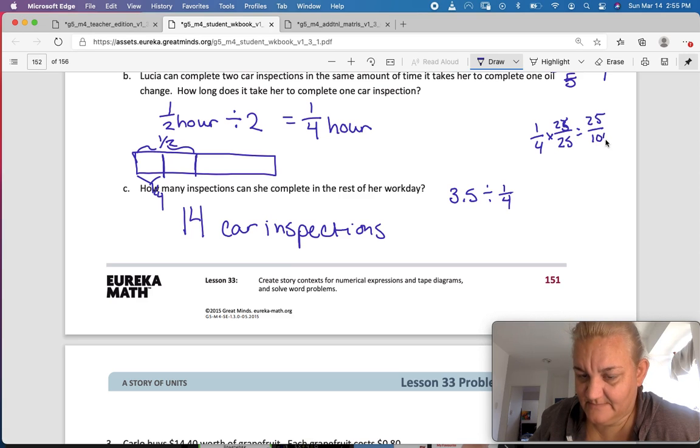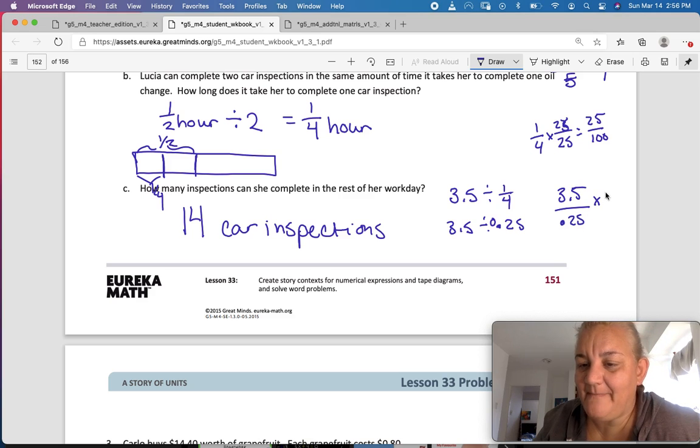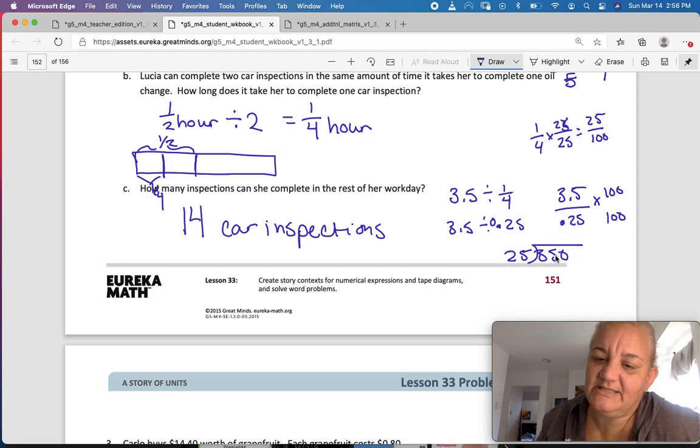25 over 100, so that would be 3.5 divided by 0.25. Okay, so now I can rewrite that as 3.5 divided by 25 hundredths, and then I'm going to multiply that by 100 and this by 100, and then I'm going to have 350 divided by 25, which is 14.